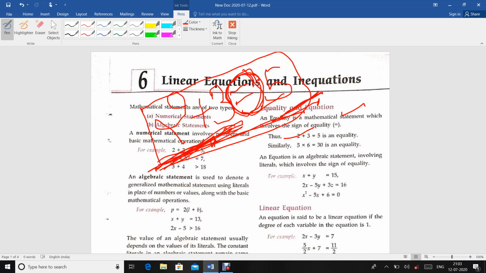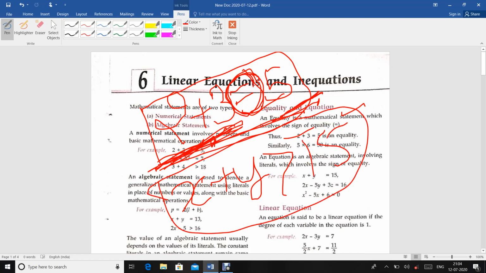But if you have x plus y is greater than 15, in this statement there is no sign of equal, so this is not an equation. Take another example, 5 multiplied by 6 is equal to 30.